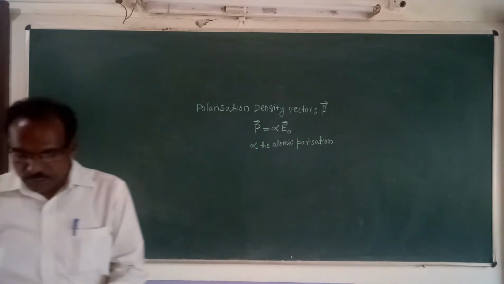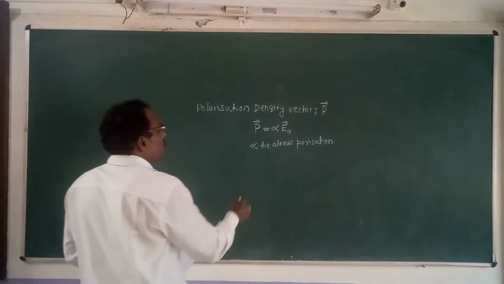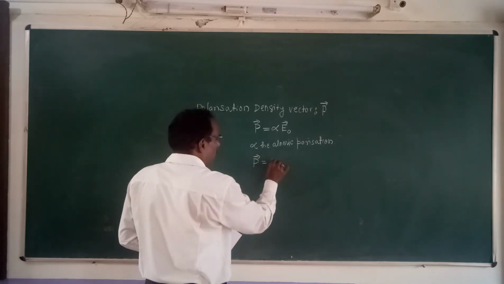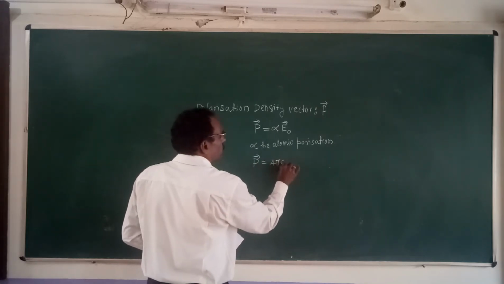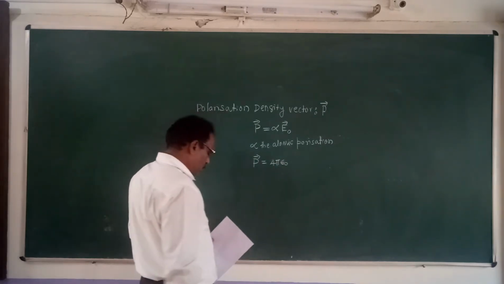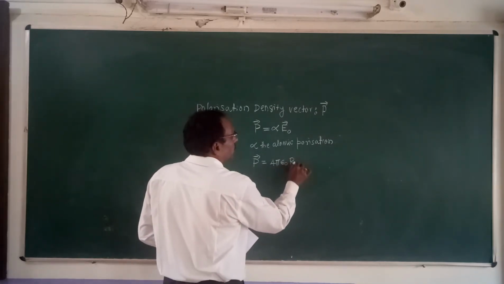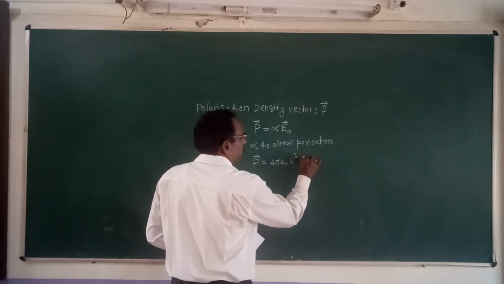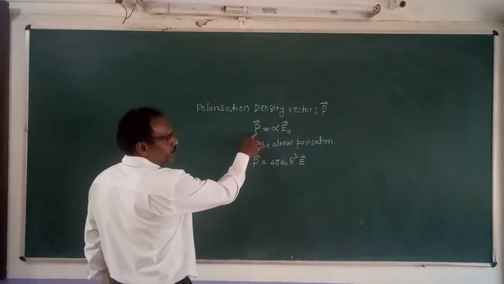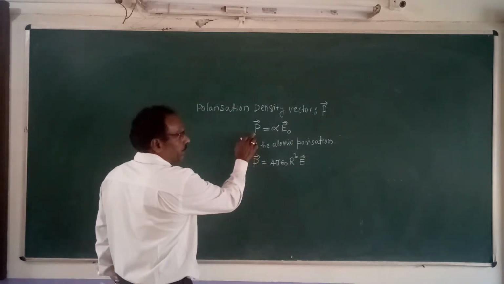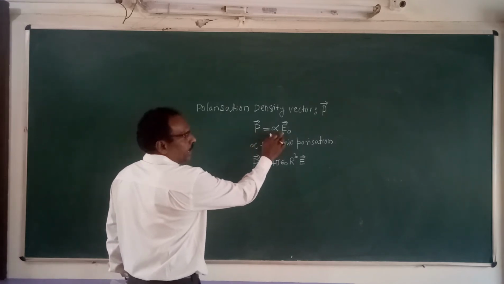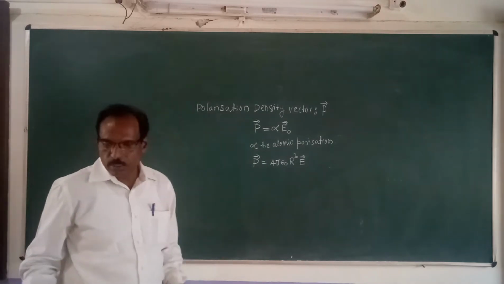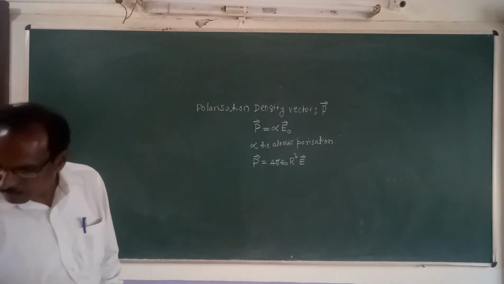Well, we have written the expression for it: the atomic polarizability is given by 4 pi epsilon naught, the permittivity of free space, R cube, the radius, into the field. We know that this vector is acting along the same direction as that of the applied electric field, and this density vector we call the polarization density vector.